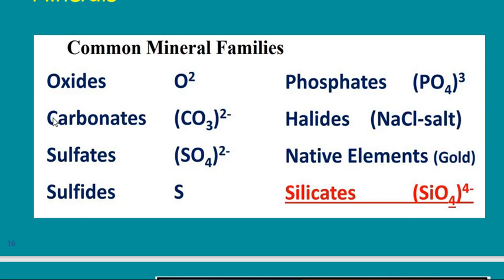So it means that my building will be affected. So families help me to differentiate between groups of minerals that are good for my work or bad for my work. Silicates are very good, carbonates for me are not good.